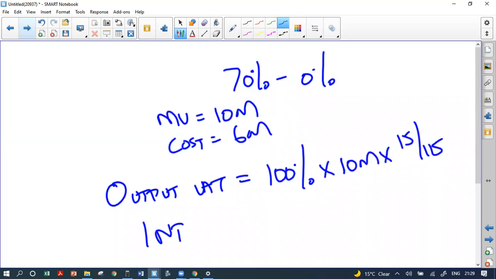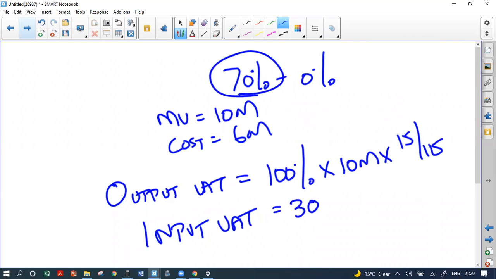And what is input VAT done on? I claimed 70% originally. My input VAT now will be the 30% times 6 million times 15 over 115. Because remember what happens? Output VAT is done at 100%.